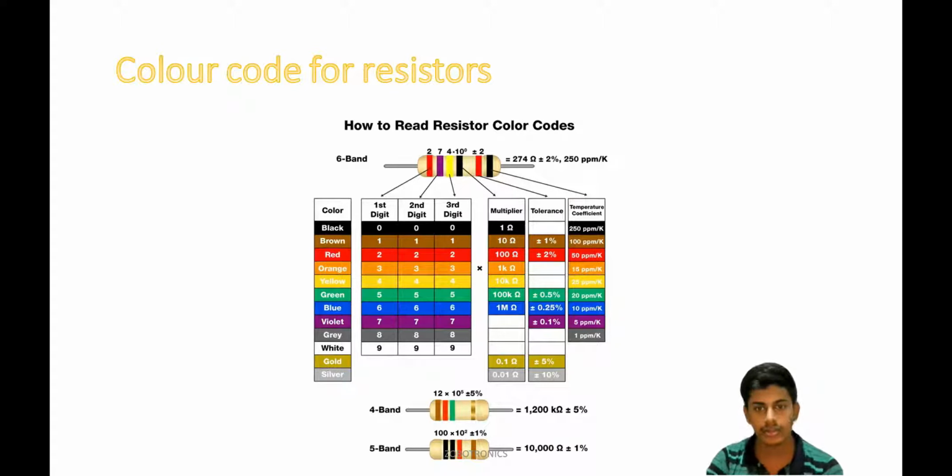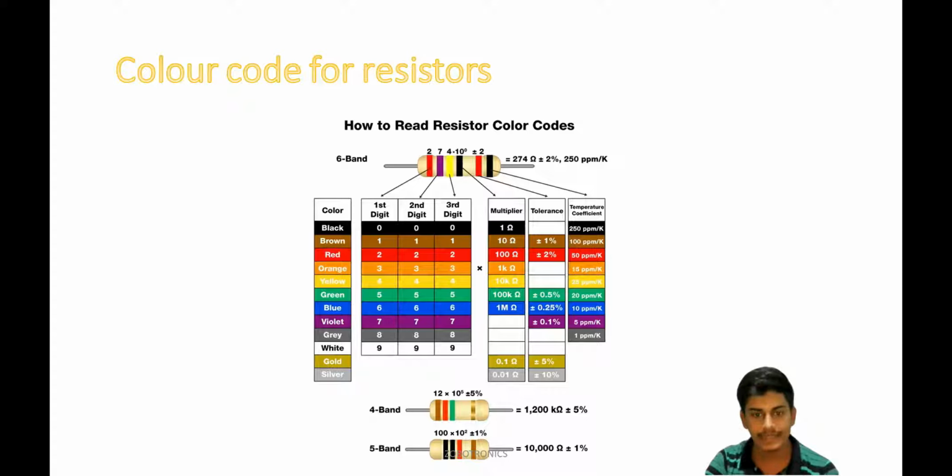Likewise, the color code is used to measure the resistance. So we will now measure this resistance. This is brown color. Brown color for the first digit is 1.